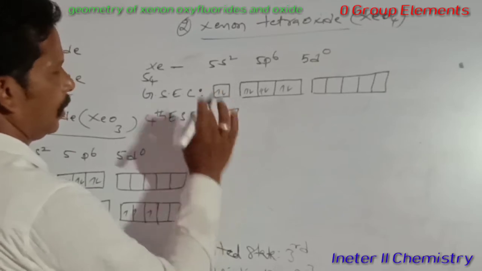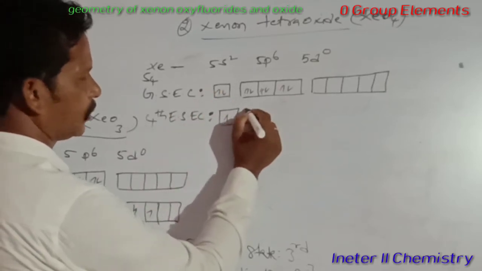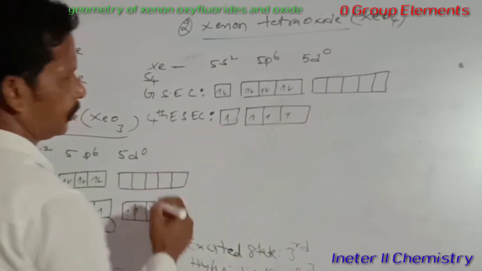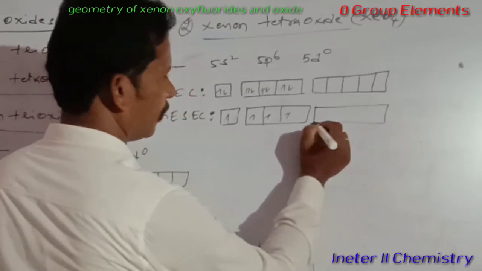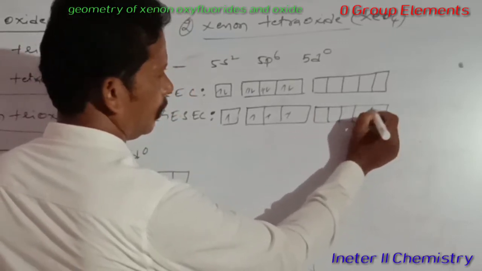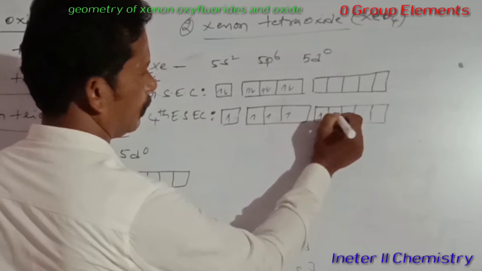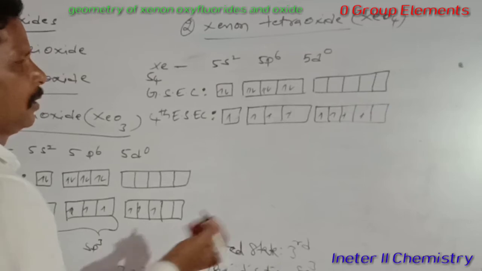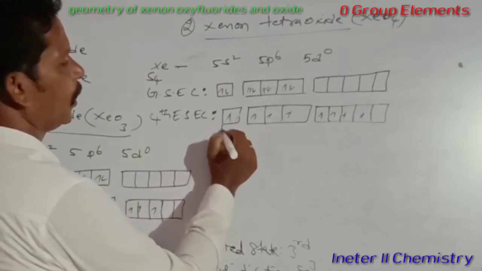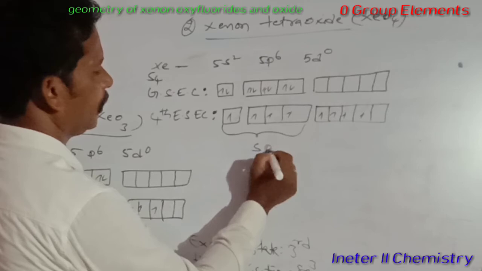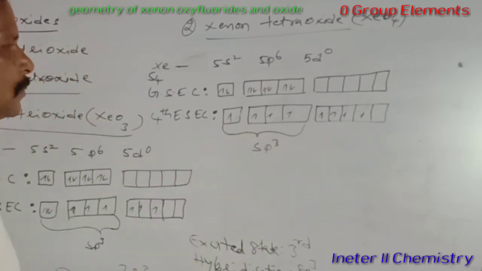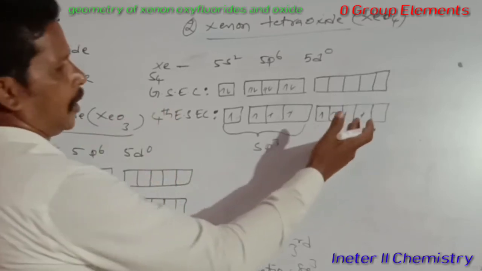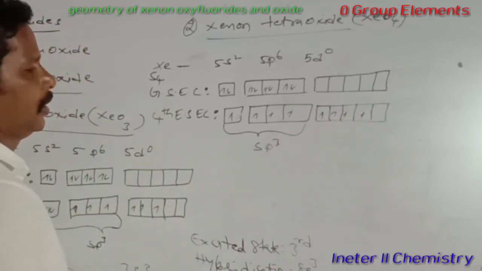Here the electrons of the s orbital and of the p orbital are excited to the d orbital. Then we get complete 8 unpaired electrons. In this state also it undergoes sp3 hybridization. 4 sp3 hybridized orbitals are there at xenon, and 4 unhybridized orbitals are also there at xenon.